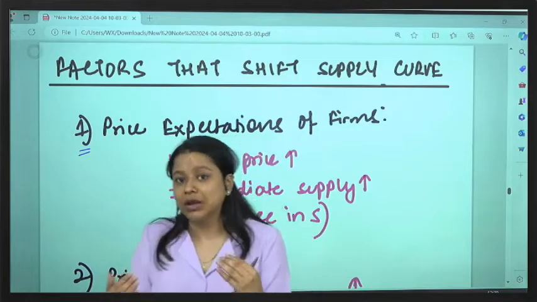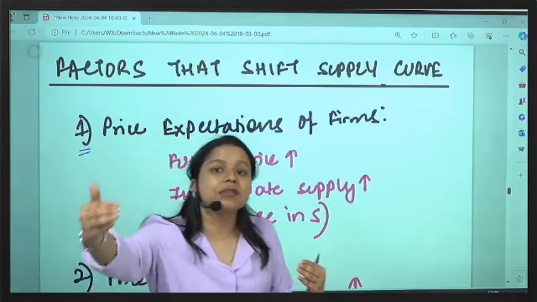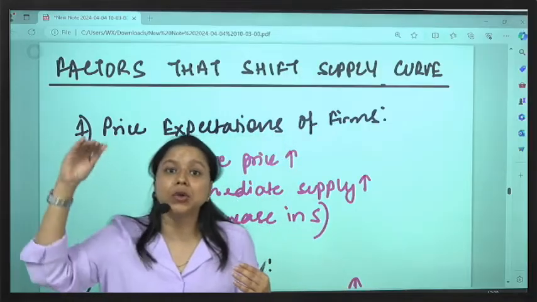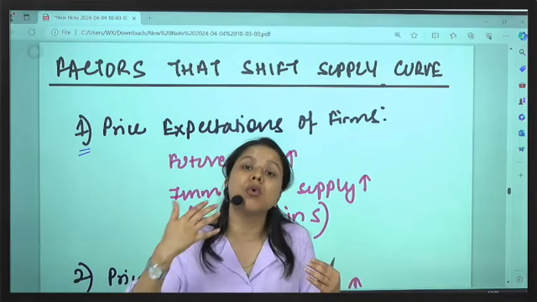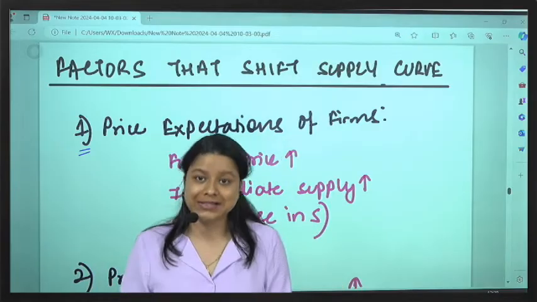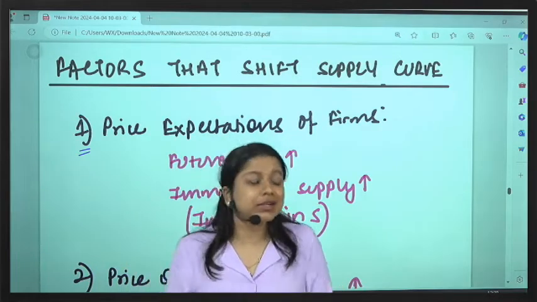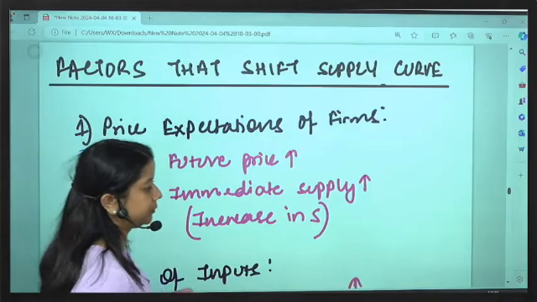If I am a seller and I see that maybe in future the price of my good will go down, then obviously I will try to sell more of that good today itself, right? So my current supply will go up.